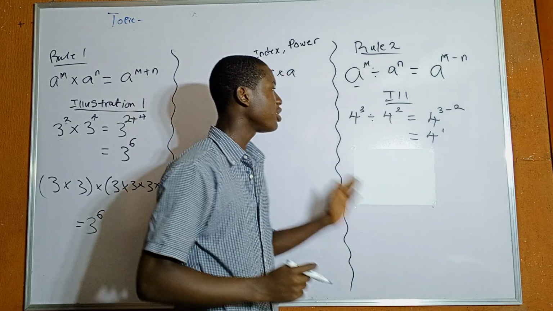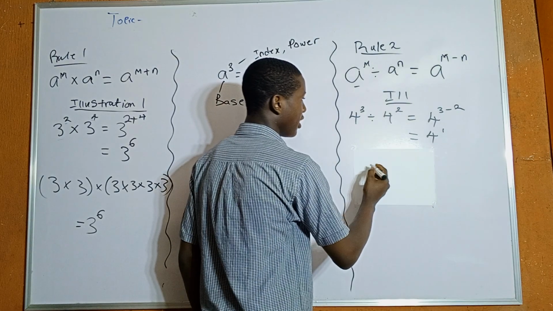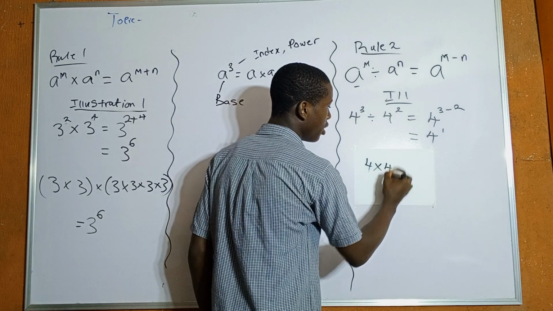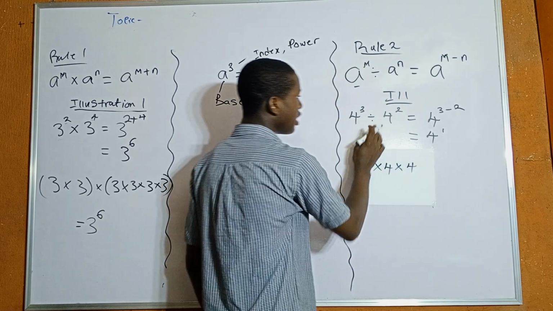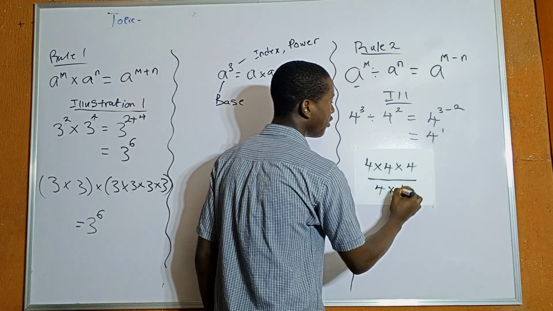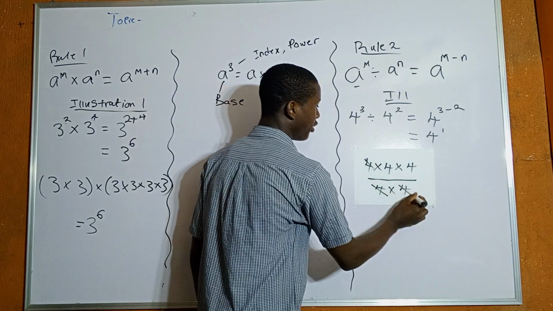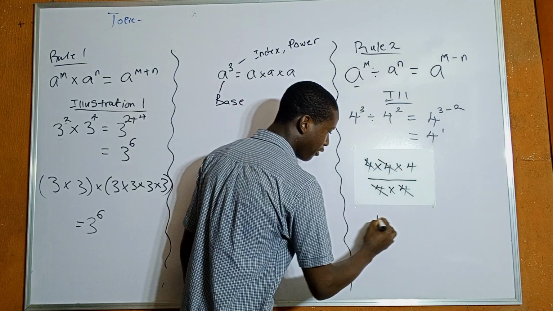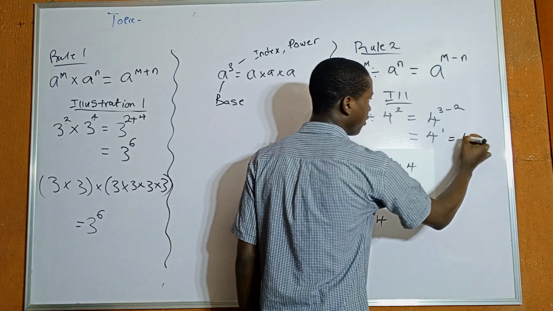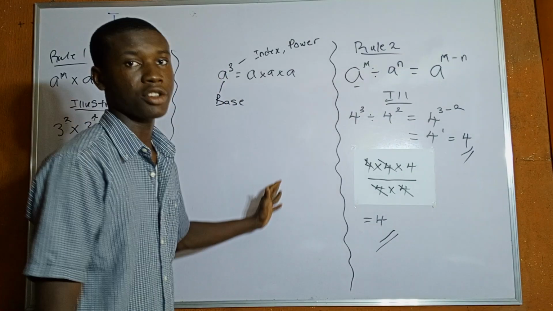But to confirm this rule, we can also say, obviously, 4 raised to power 3 is 4 multiplied by 4 multiplied by 4, divided by 4 multiplied by 4. Now if we cancel, 4 cancels 4, 4 cancels 4, we are left with 4. And 4 raised to power 1 is the same thing as 4. So that is the illustration for the second rule of indices.